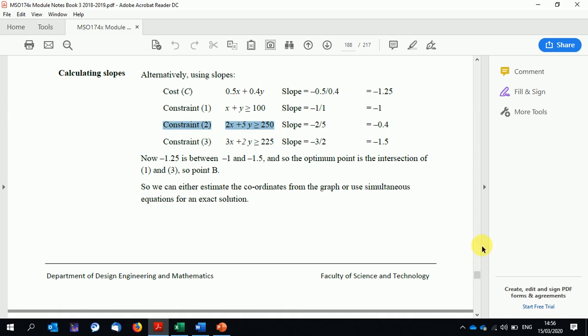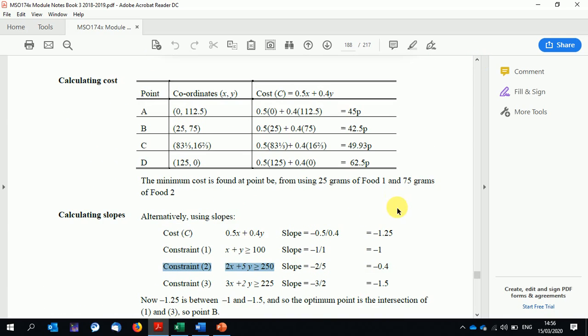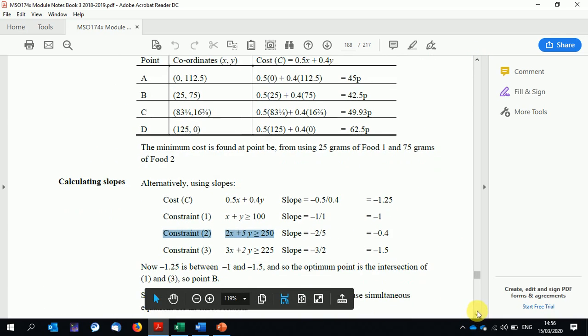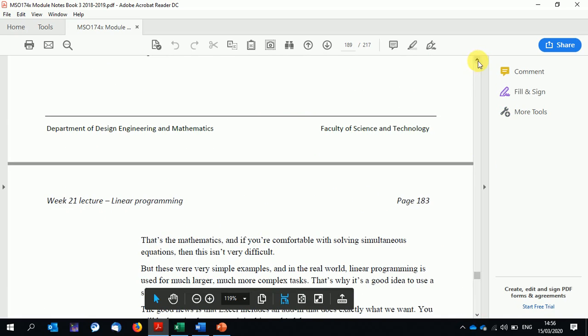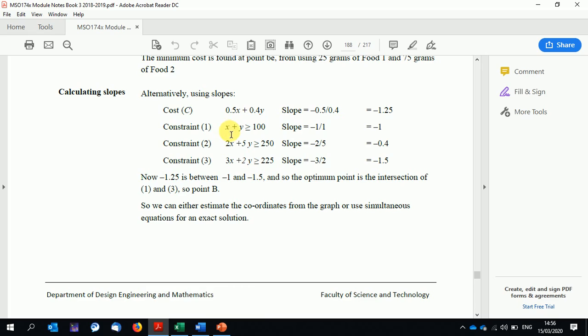So what you can do is substitute the x and y, substitute 25 and 75 in here, and you will get 100 here, and you will get 225 here. You will not get to 250, hence the non-binding constraint being constraint 2.